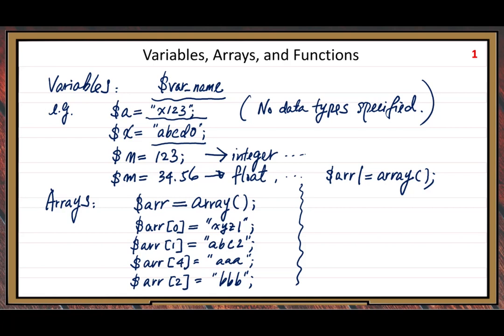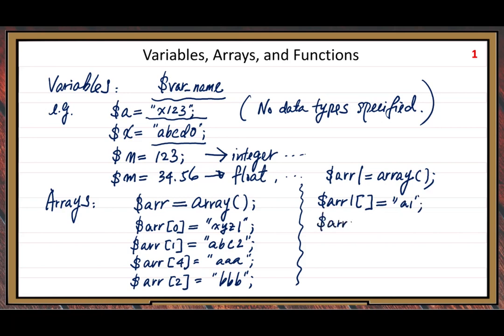It's quite common that when we do initialization, we do not specify array indices, so you can see nothing inside that pair of square brackets.